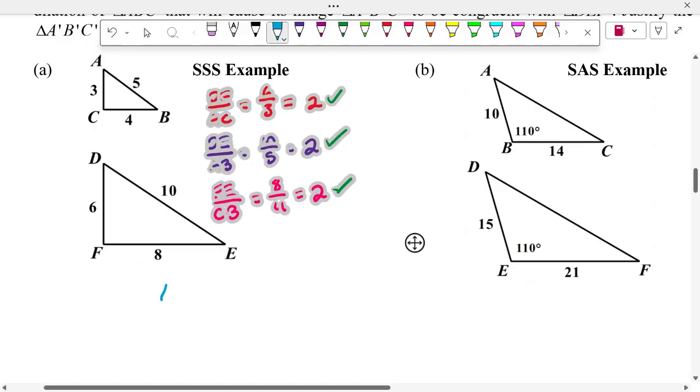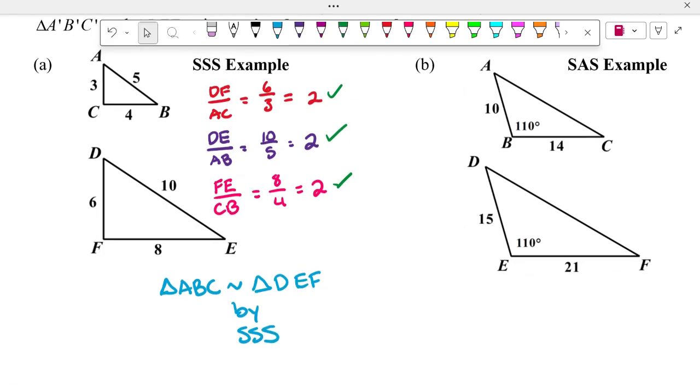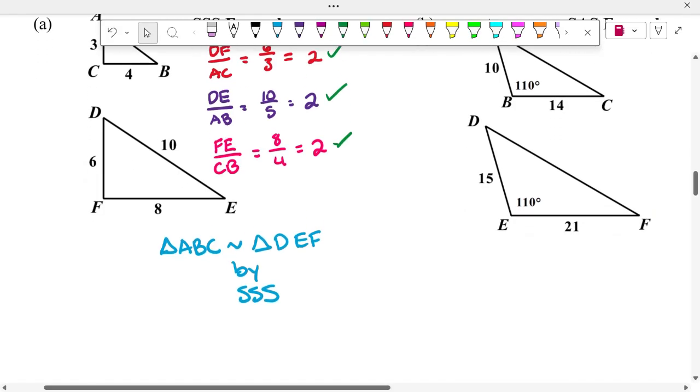We can say that triangle ABC is similar to triangle DEF by side, side, side. So that's how you use side, side, side. You have to check all three proportions if you're using side, side, side. All right, you can't just do 2 and be done with it, because there are very rare cases where that third side is not proportional.